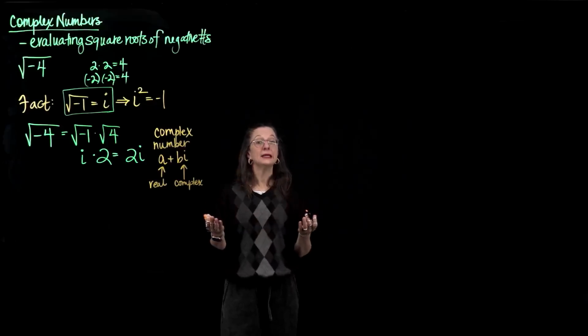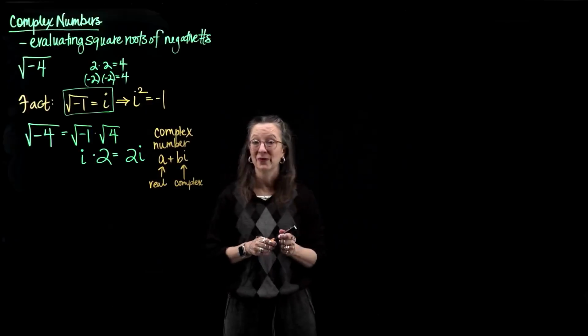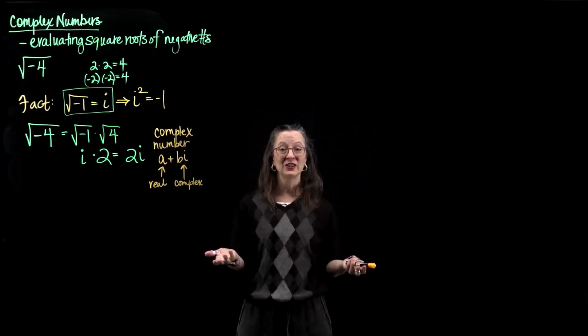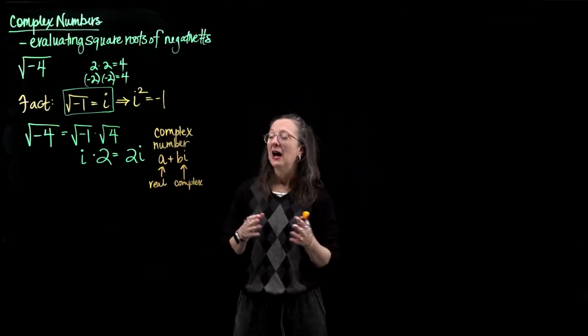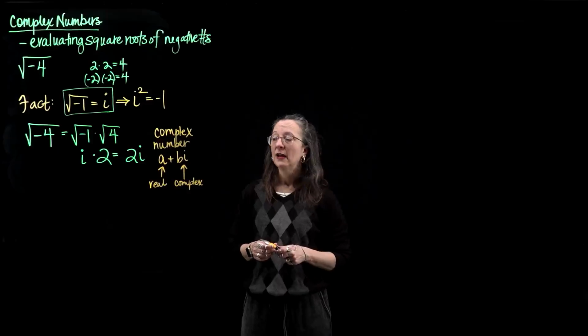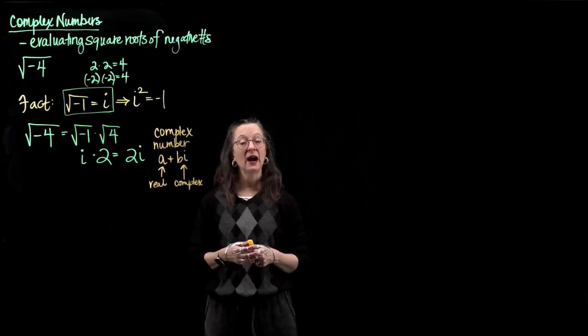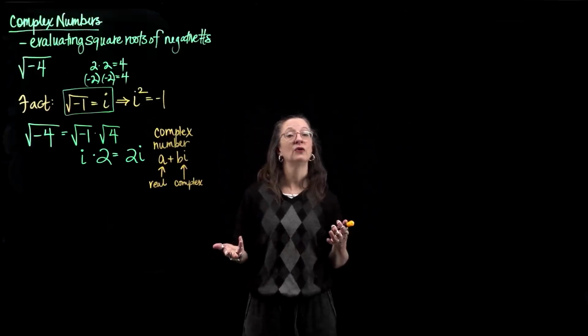So this is a completely different group of numbers than you've dealt with before. Congratulations, you found new numbers. And it has its own set of rules. But the truth is, in most situations, we treat that i the same way we would any other variable.